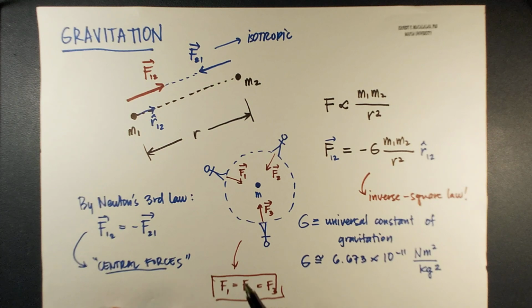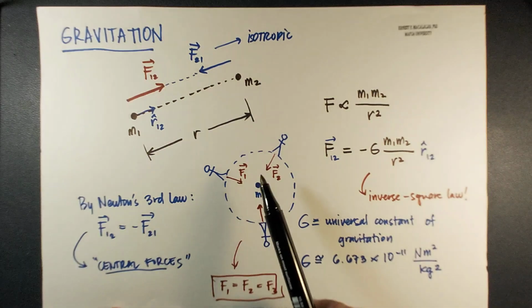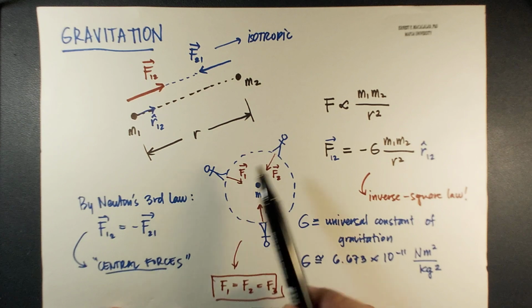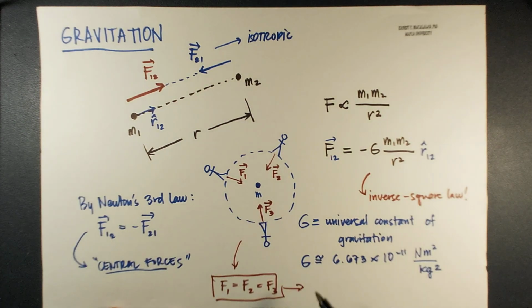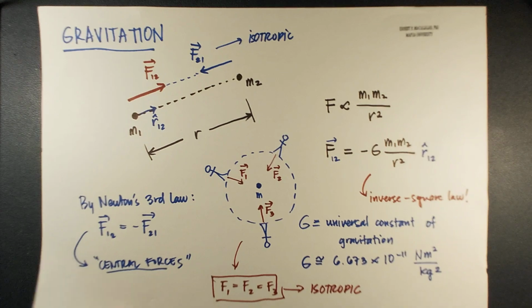In other words, nothing about this force can be used to determine the location or your position within the surface. So therefore, this is known as the isotropic property of gravity.